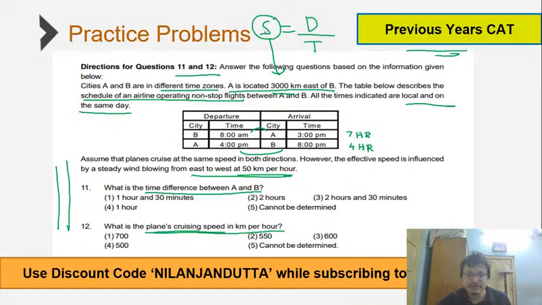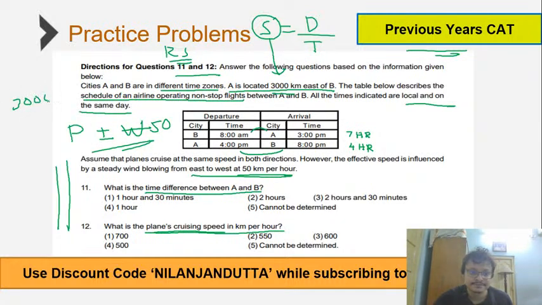But here the speed is referring not to the speed of the flight but the relative speed. So what is the relative speed? The relative speed comprises of two factors. One is the plane speed plus minus the speed of the wind, which is 50 kilometers per hour. So basically P plus minus 50 should be a factor of 3000.